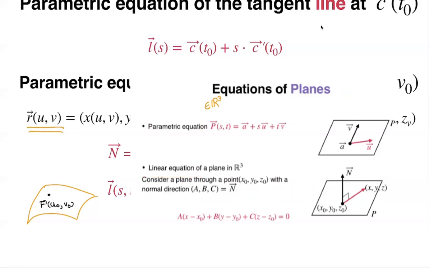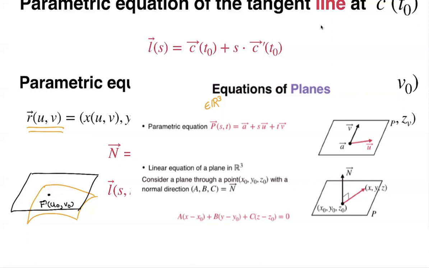Here we want to find the parametric equation, and to do this, we want to find two vectors which lie on the plane, and one point on the plane. We know the point, and we want to find the tangent plane at this point. So what we want to do is find two vectors that lie on this tangent plane.